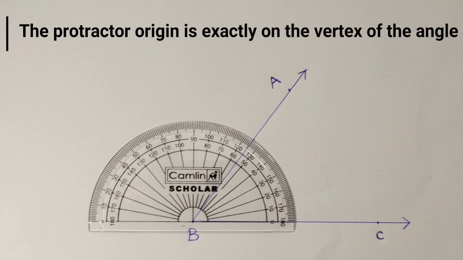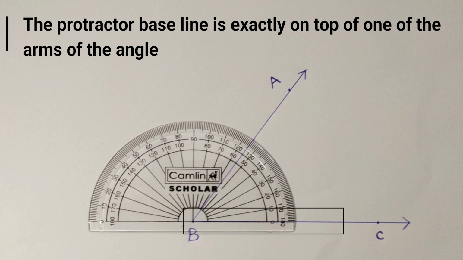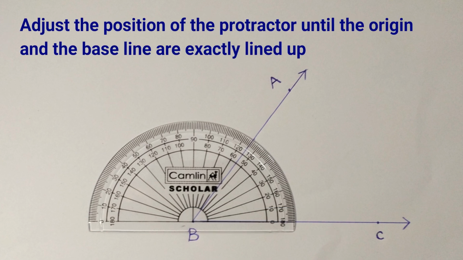The protractor origin or midpoint is exactly on the vertex of the angle. The protractor baseline is exactly on top of one of the arms of the angle. Adjust the position of the protractor until the origin and the baseline are exactly lined up.